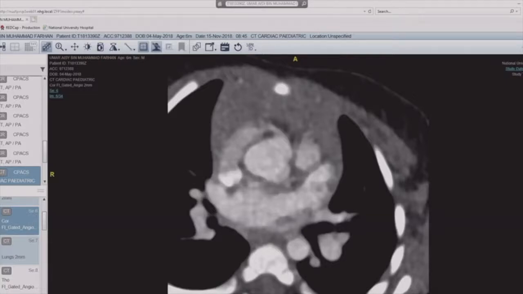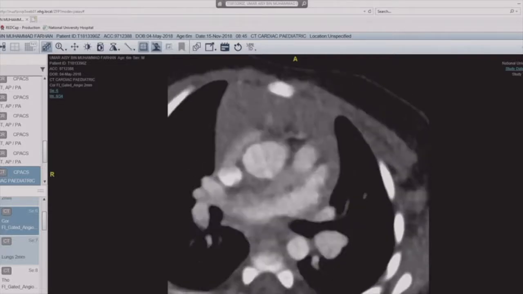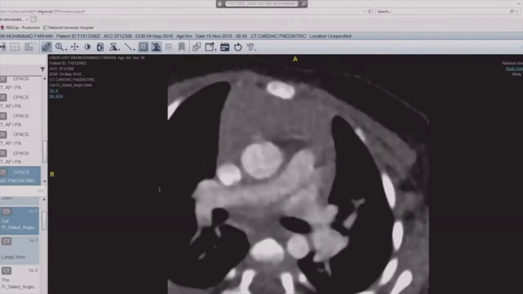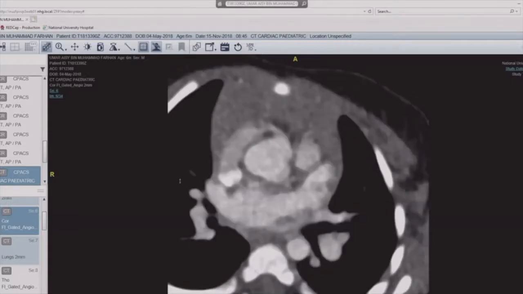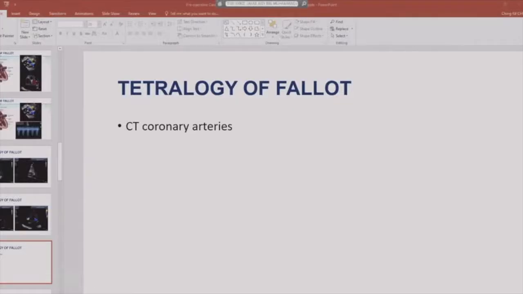This is one of the things in children where the child is not fully sedated, not fully cooperative, or has a higher respiratory rate compared to adults, then motion artifact can be introduced, limiting the definitive resolution of the coronary artery imaging. So the radiologist has surmised that the coronary CT did not add further value to the echo that has been done for this patient.